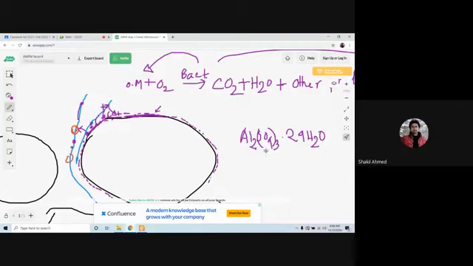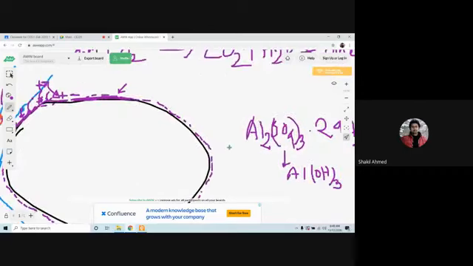When you add it, you'll get aluminum hydroxide, and this aluminum hydroxide will create the same type of layer, which is gelatinous. It works exactly the same way as the bacterial layer. This is also gelatinous, and this will also absorb the bacteria and other micropollutants and colloids.